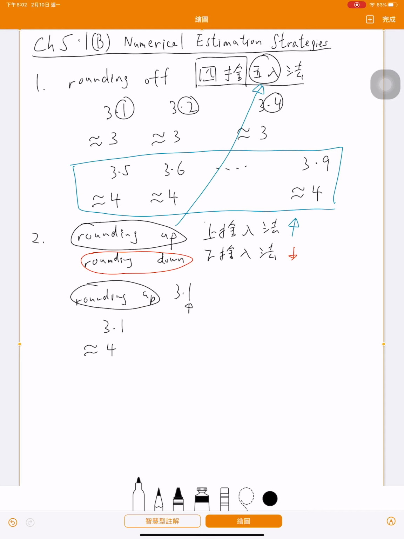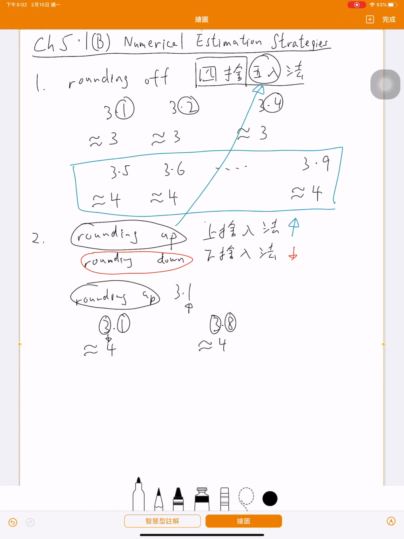So we change the 3 to become 4. Understand? Of course, for 3.8 or 3.9, it will also increase to 4. That means for rounding up, we will not look at the number here. We just upgrade the number that we want.